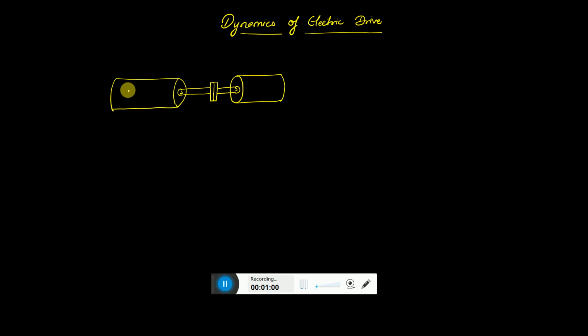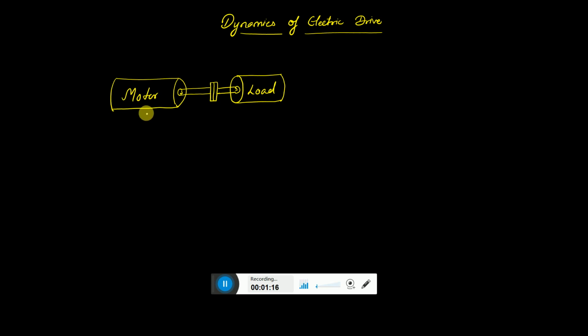So now this end is the motor and this end is the load. Basically we are going through some terminologies.